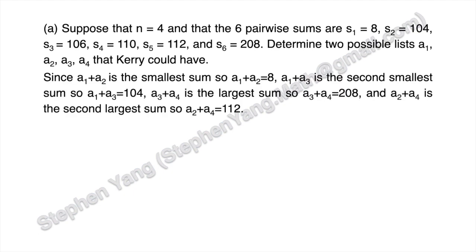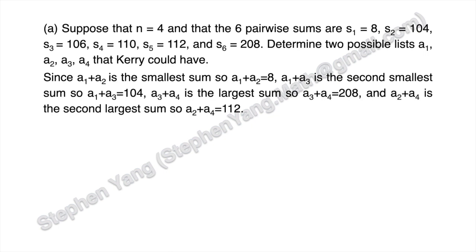So we know that a1 plus a2 would be the smallest sum out of these 6 sums, so a1 plus a2 equals 8. And we also know that a1 plus a3 is the second smallest sum among these 6 sums, so a1 plus a3 equals 104.